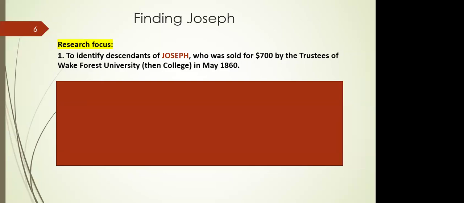In an effort to find Joseph, my research focus was to identify descendants of Joseph, who was sold for $700 by the trustees of Wake Forest University in May 1860.